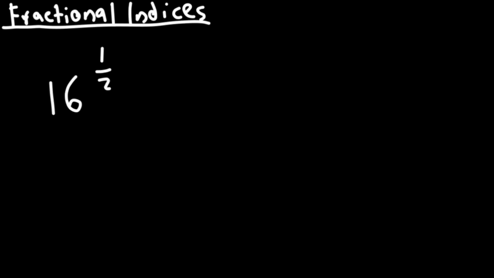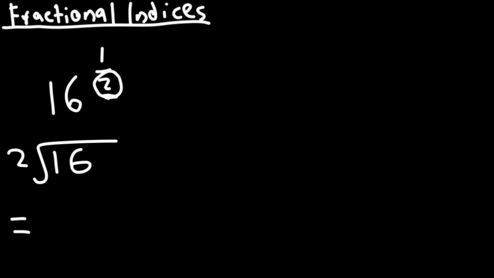When I have a number to the power of a fraction, you take the denominator and put that as a root of the number. So I take this 2 and put it as a root of 16. This gives me the 2nd root of 16, which is 4, and that is my final answer.